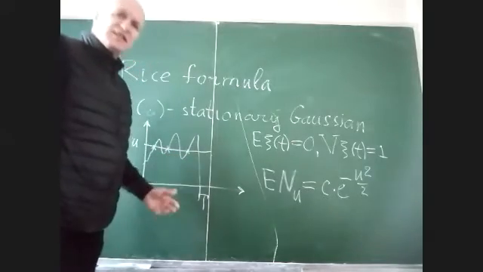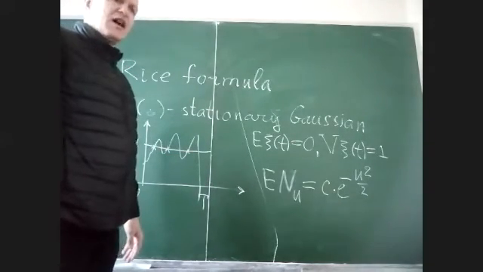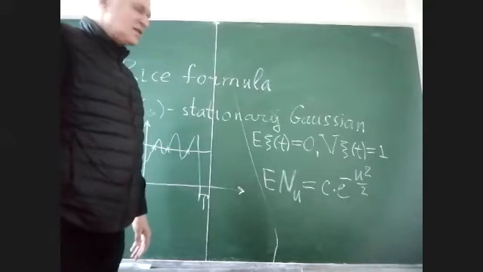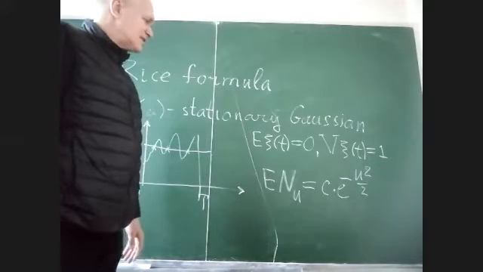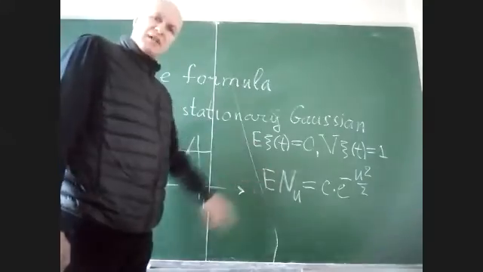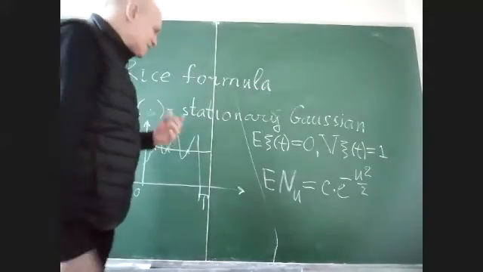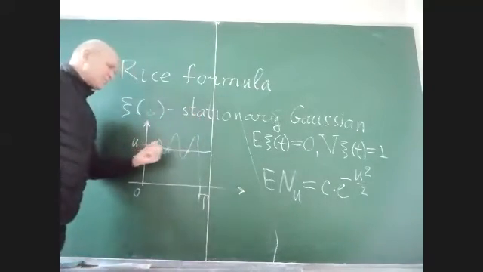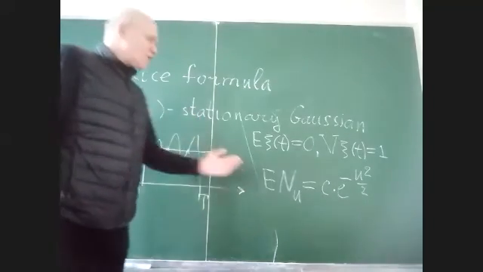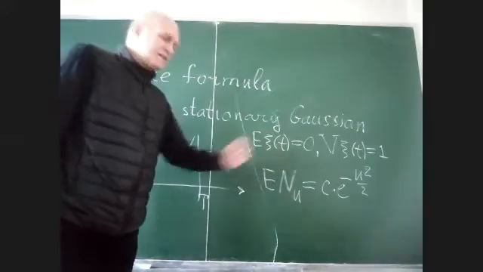This idea can be transformed to an arbitrary Gaussian random field with multi-dimensional parameter, not only with one-dimensional parameter. But in order to do this, we need to understand what is the meaning of the number of upcrossings for the multi-dimensional parameter t.